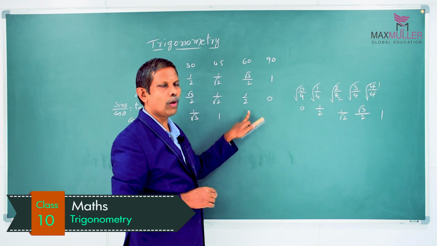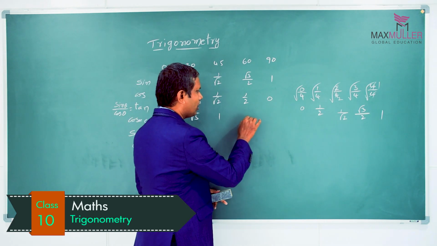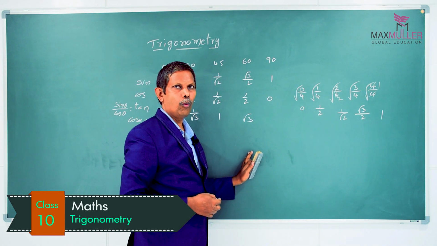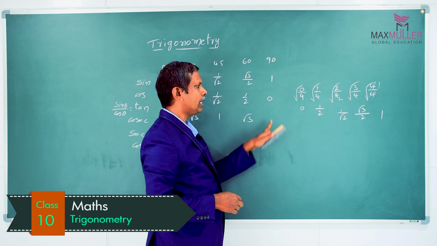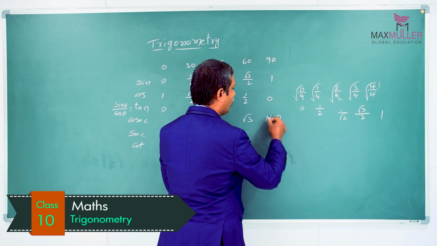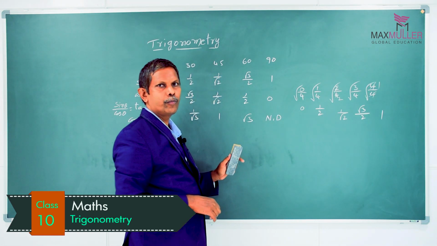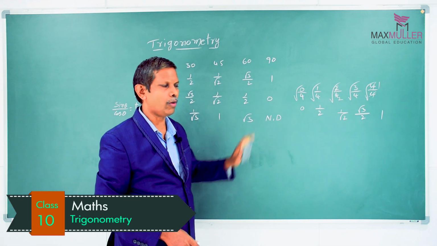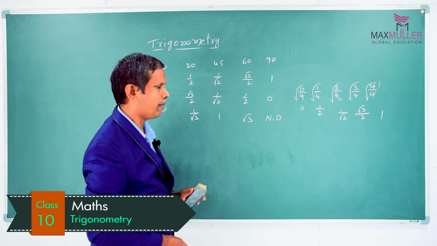So root 3 by 2 over 1 by 2, the 2 cancels, you will get root 3. Here you will get 1 by 0, that is anything by 0, that value is not defined.